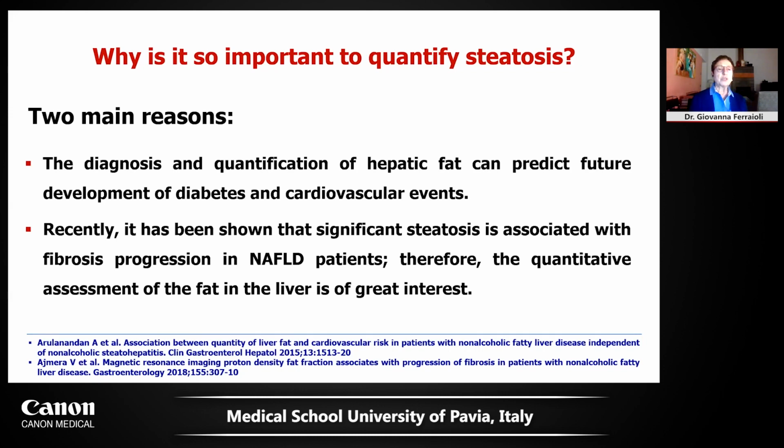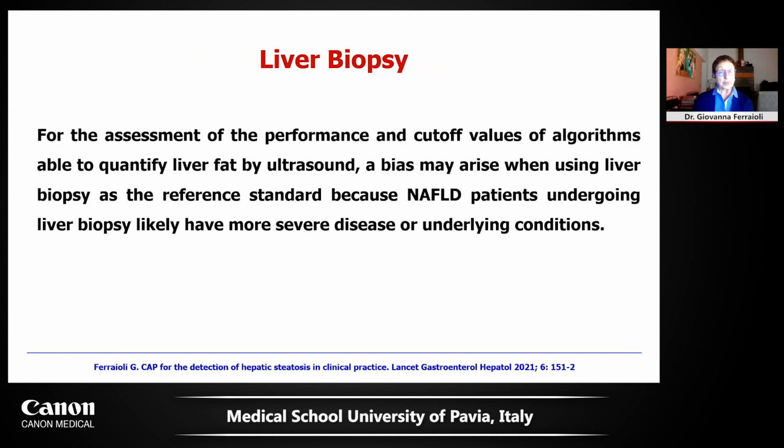But also, it has been shown that significant steatosis is associated with the progression of fibrosis in patients with non-alcoholic fatty liver disease. So the quantitative assessment of the content of fat in the liver is of great interest.